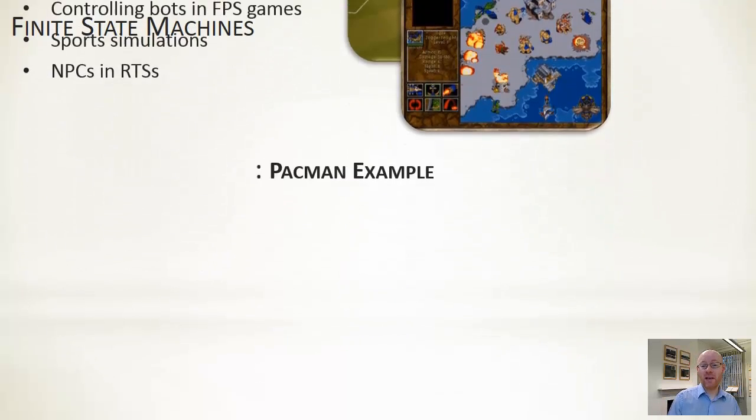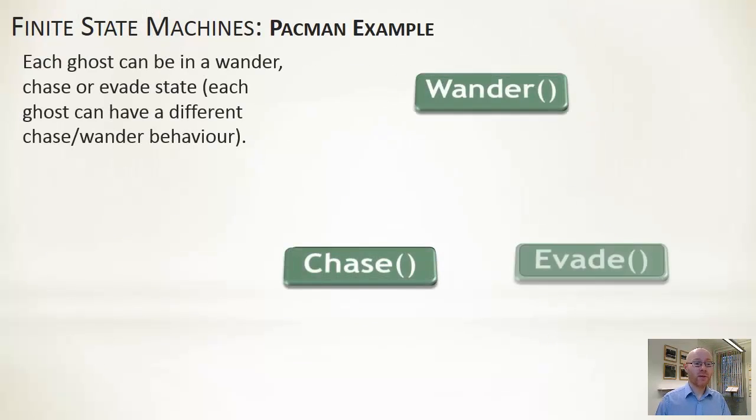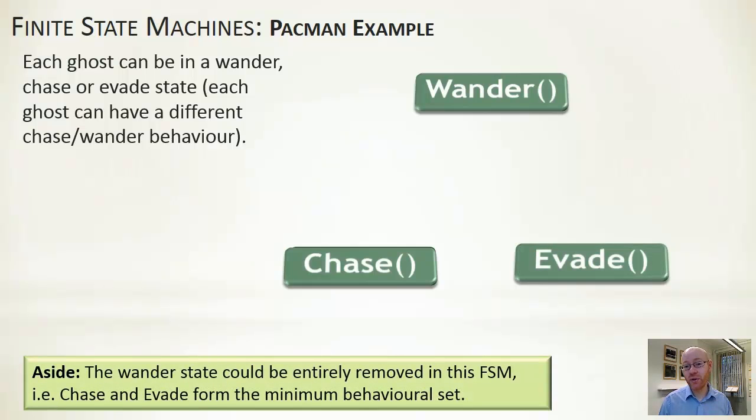So let's have a look at PACMAN as an example. If we were to use the ghosts within PACMAN and to give them an FSM that defined their behaviour, we can say that there's three possible states that the ghost could be in. It could be in the wander state, where it's just wandering about the level. It could be in the chase state, where the player's got sufficiently close and it is given chase to the player.